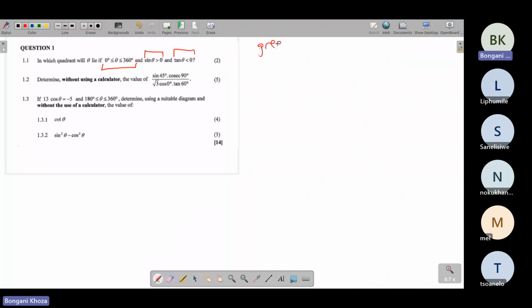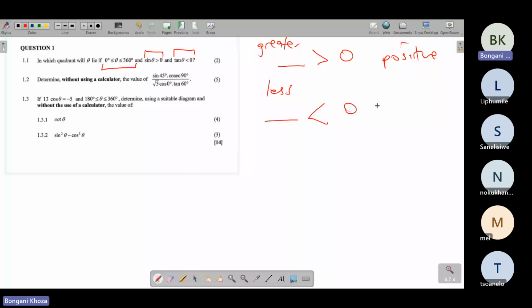Remember, if we say something is greater than 0, we're saying this is positive. If we say something is less than 0, that means it is negative, right?